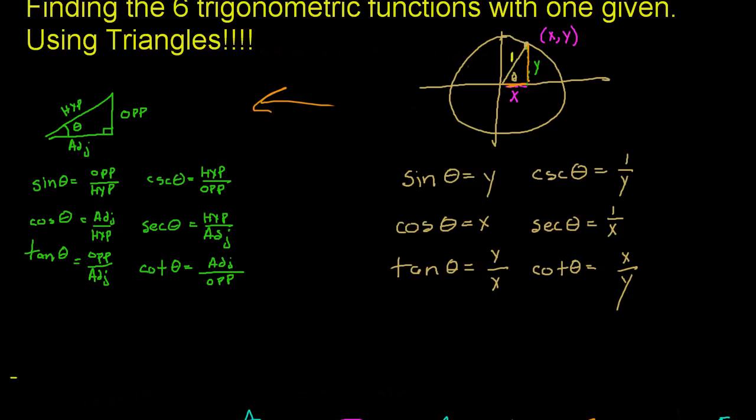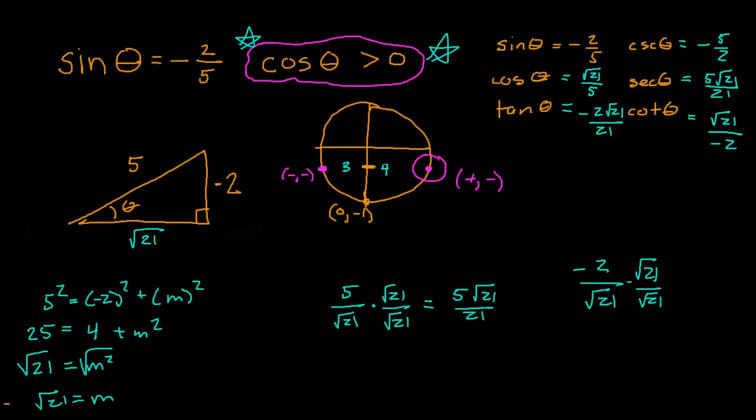You'll know either the hypotenuse or the opposite or the adjacent. You will know 2 of those. So fill them into the triangle and then find the other side, and then go ahead and find all the trig functions. It's that easy. The only thing you have to be super careful of is what quadrant you're in. So you will always be given some extra information, like this right here, that will help you determine what quadrant you're in.